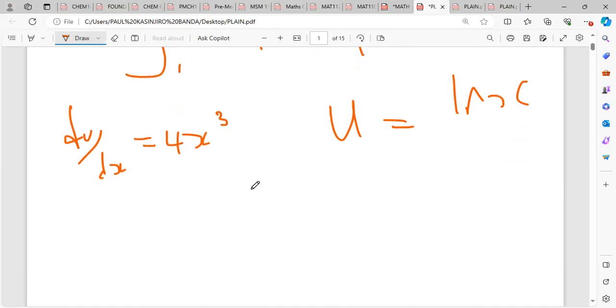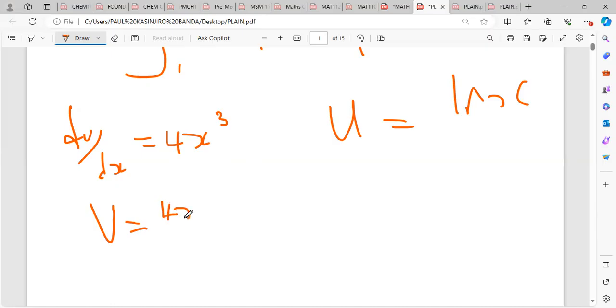From the dv dx, you can integrate that expression to go back and find your v. So my v will be equal to, let me integrate this. How do I integrate? I increase the power by 1, and then I divide by the new power.